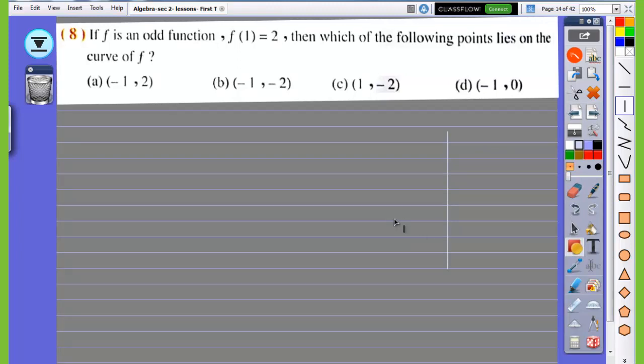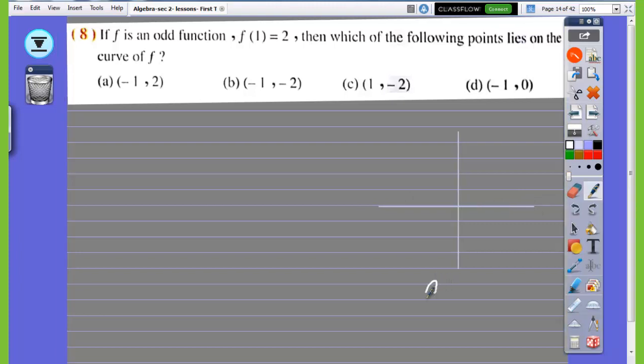Consider this is the y-axis and we have the x-axis. If you want to draw an odd function like f of x equals x, this is a simple odd function. When you want to draw it, we choose some points: 0 and 0.